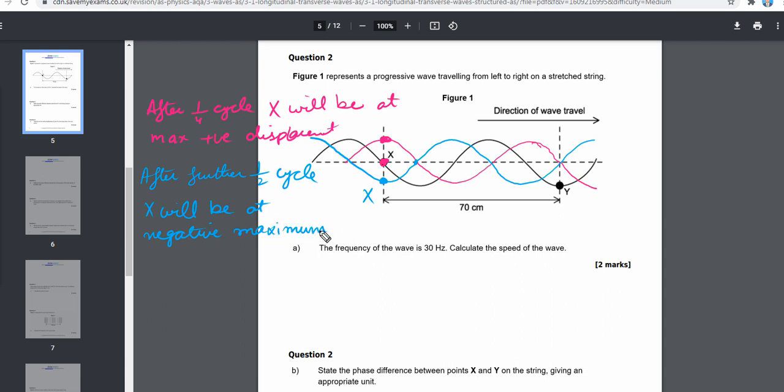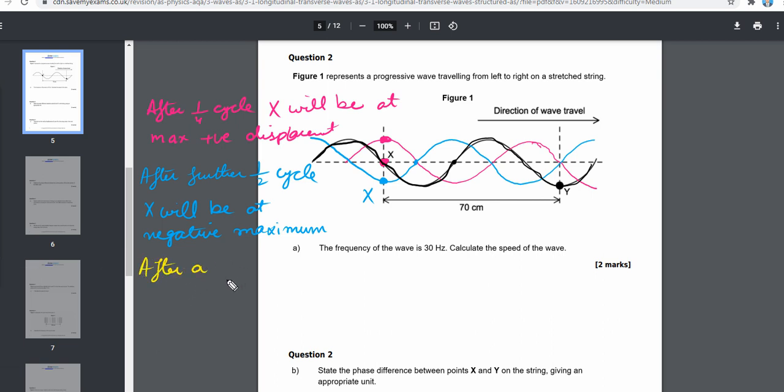Now we have completed 3/4 of the cycle. Let me draw the wave when one cycle is completed. The point will be here. When a whole cycle is completed, the point comes back to the same position where it started. So after one complete cycle, point x will be at 0 displacement.